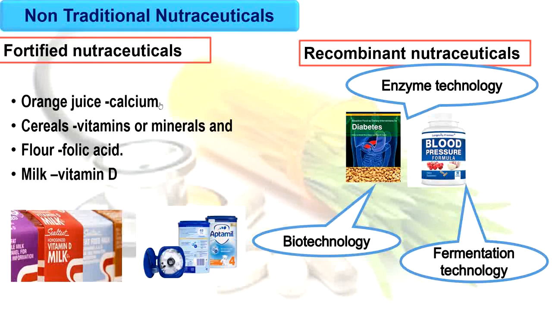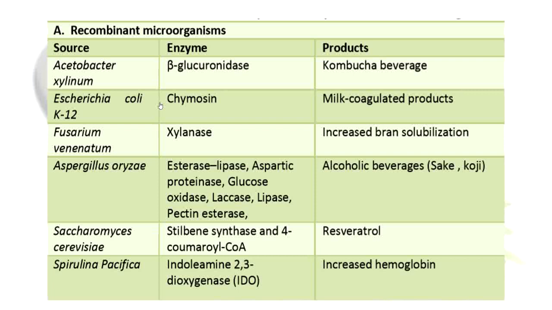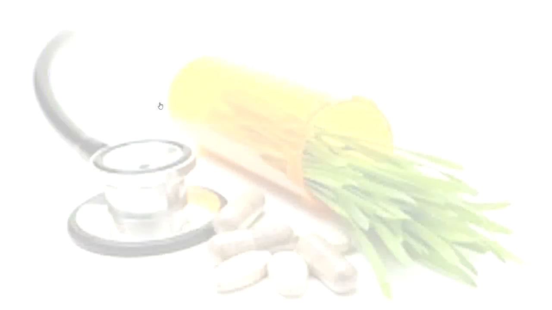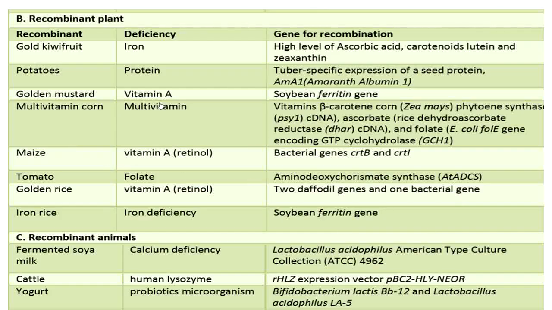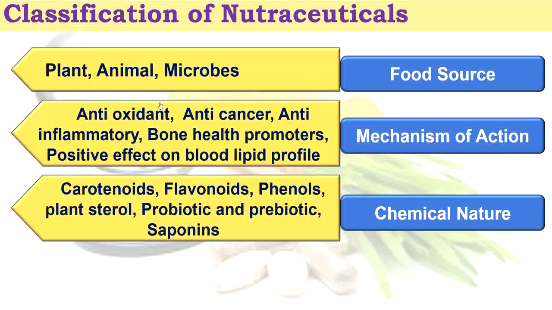They are developing certain food products using these technologies targeting certain lifestyle disorders. These are some of the examples of recombinant nutraceuticals. It can be from microorganisms, or from plants, or from animals.